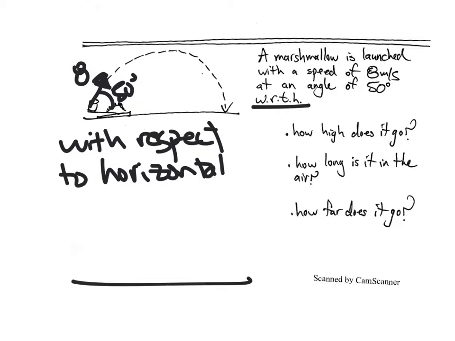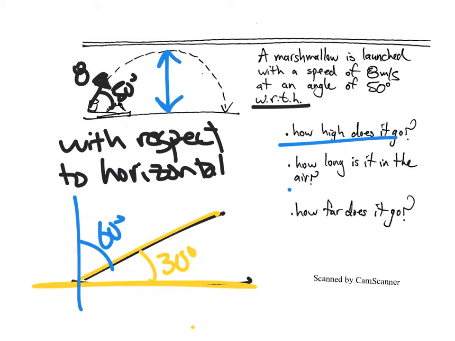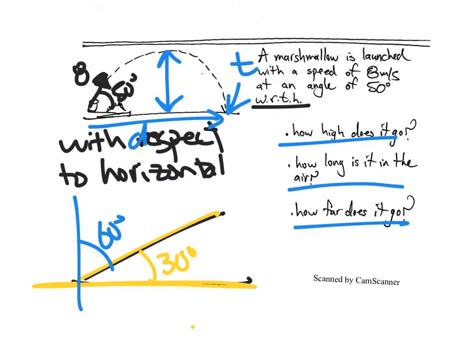So like that, 30 degrees with respect to the horizontal. It's less common to hear with respect to vertical. So we want to know how high does it go, meaning that height. How long is it in the air, meaning time when it lands back on the ground, and how far does it go, meaning this horizontal distance. Okay, solutions look like this. Oh wait.